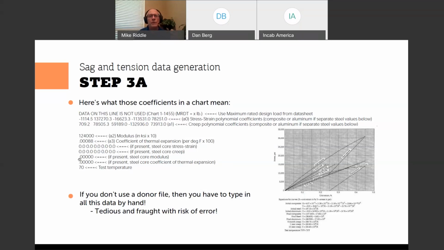And what that's telling you is that the cable's being treated as a composite cable, not the aluminum separated from the steel. So on my little chart over here, the curve I was showing you before is the stress strain coefficients of the aluminum.